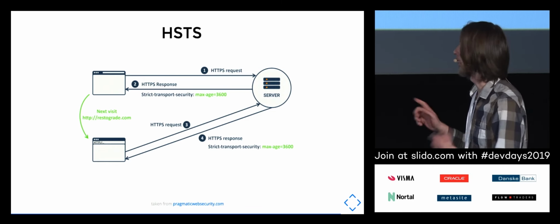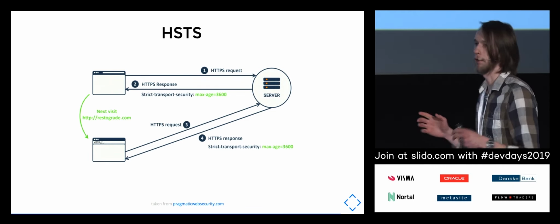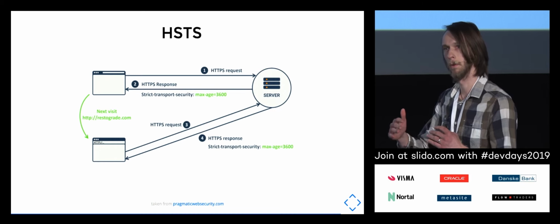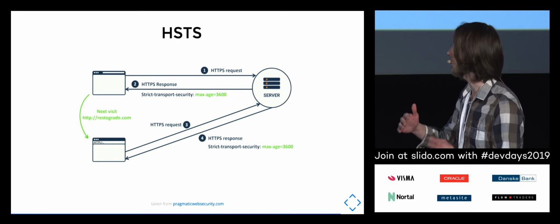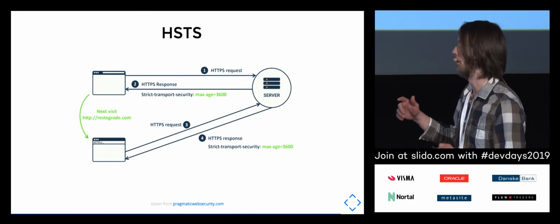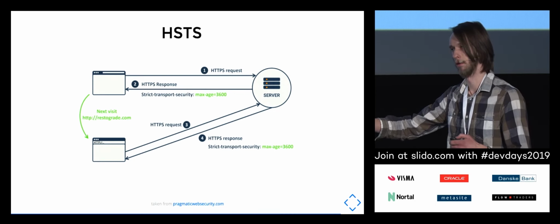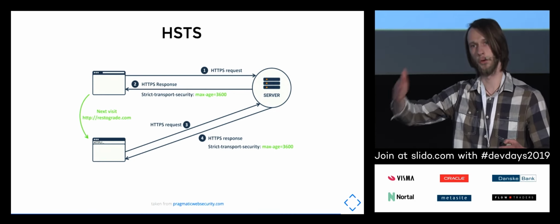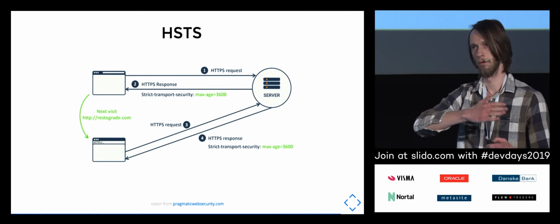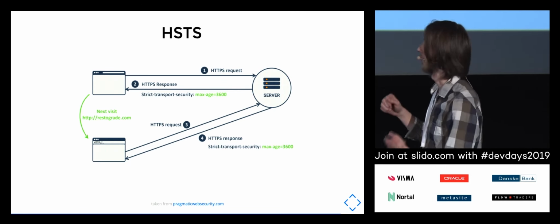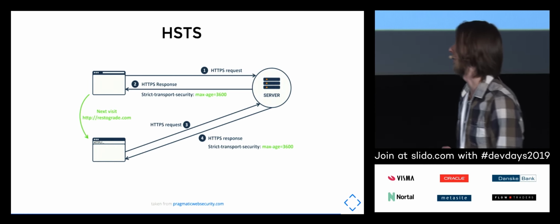So what are we missing here? It's still that the first request is done with HTTP. Compared to the previous problem, here we have only the first request, and previously we had each first request during the session. So this one is definitely better.